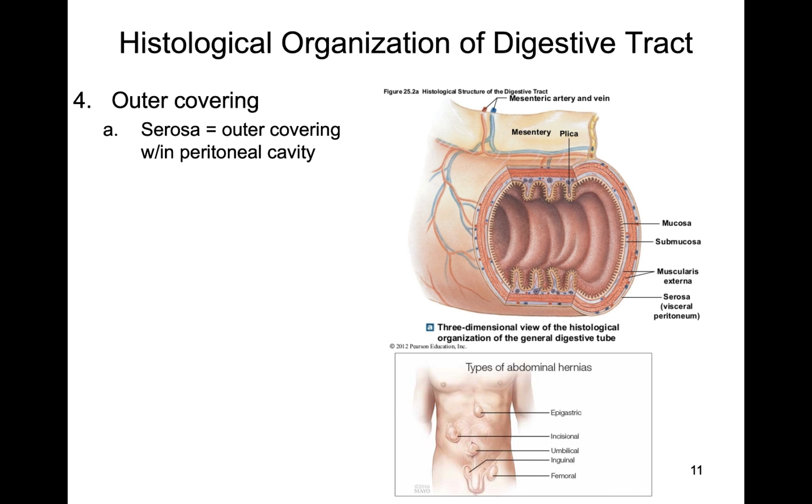The purpose of Imodium is to slow down the peristalsis. It's going to slow down the bolus so you can absorb the nutrients, and it's also going to firm up the stool a little bit. So moving on, the outer covering of the GI tract is made of serosa.